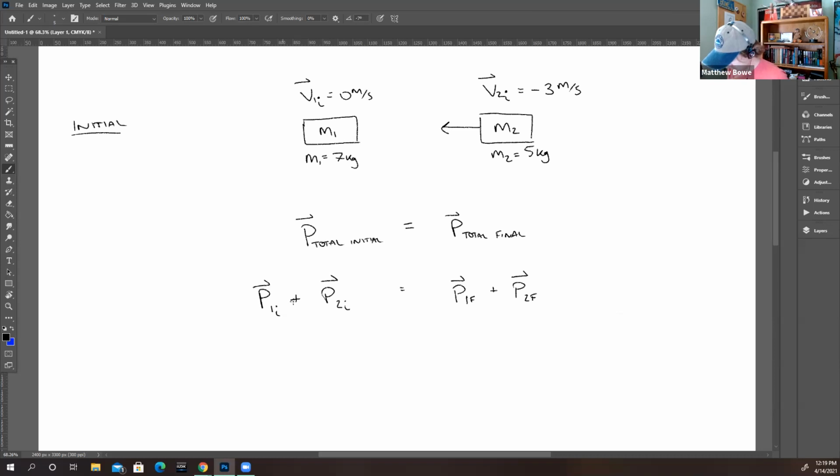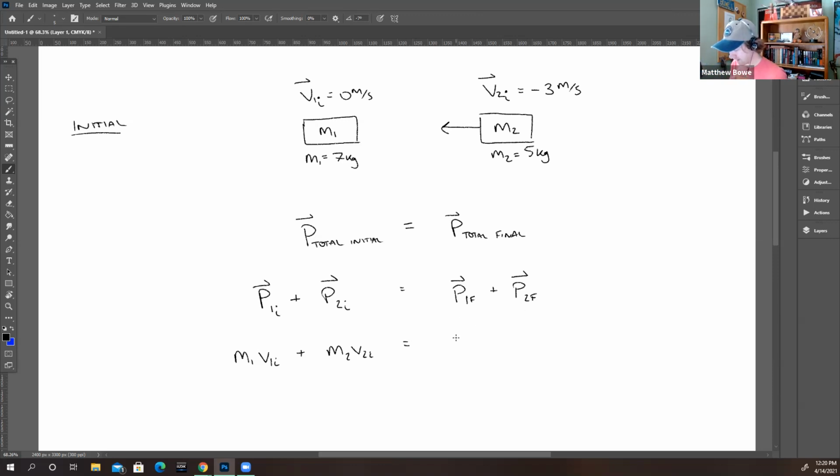And the last intermediate step before I could put in some values is: mass 1 times velocity 1 initial, mass 2 times velocity 2 initial.